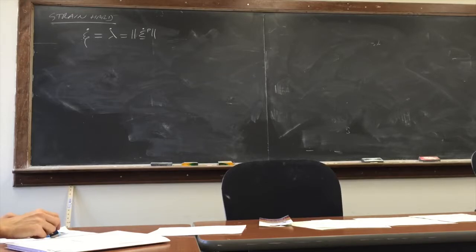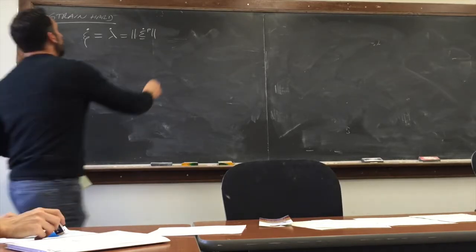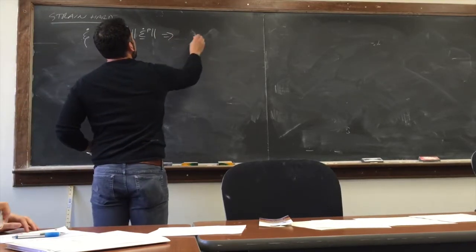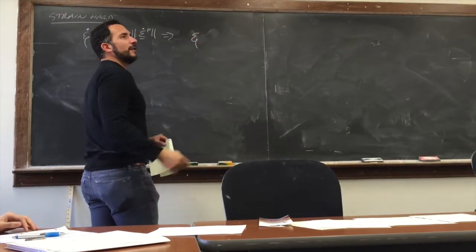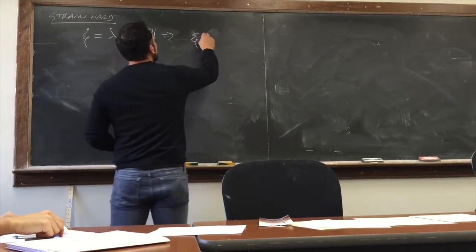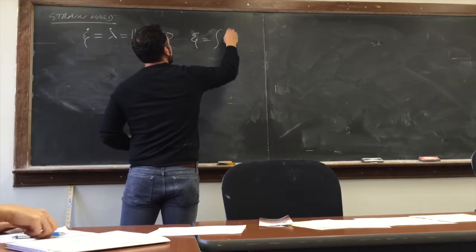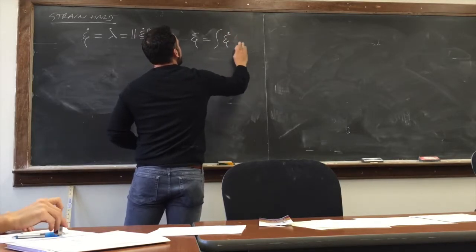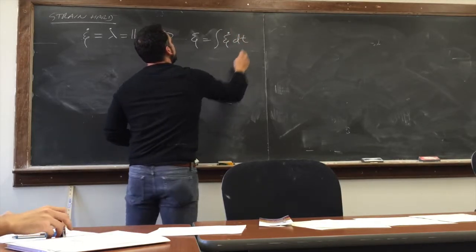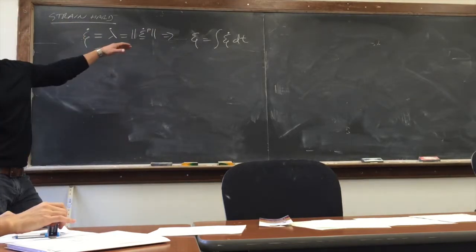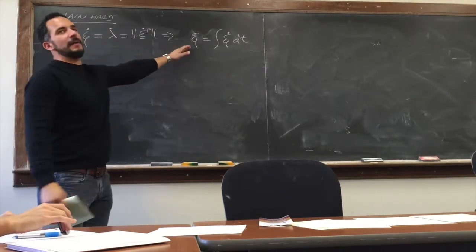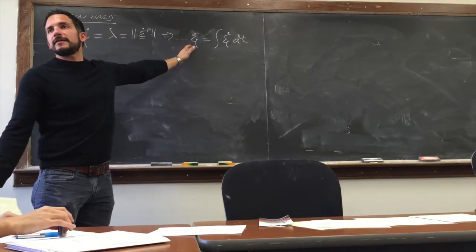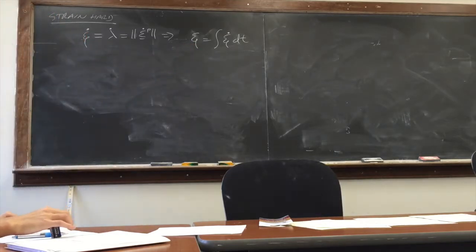So it's always positive, it's always nice. So I can define a measure of cumulative plastic strain just as the integral of whatever this measure of plastic strain is. In this case, you can call this lambda, essentially. So it's just your accumulation of plastic strain, regardless of whether you were positive, negative, it doesn't matter.